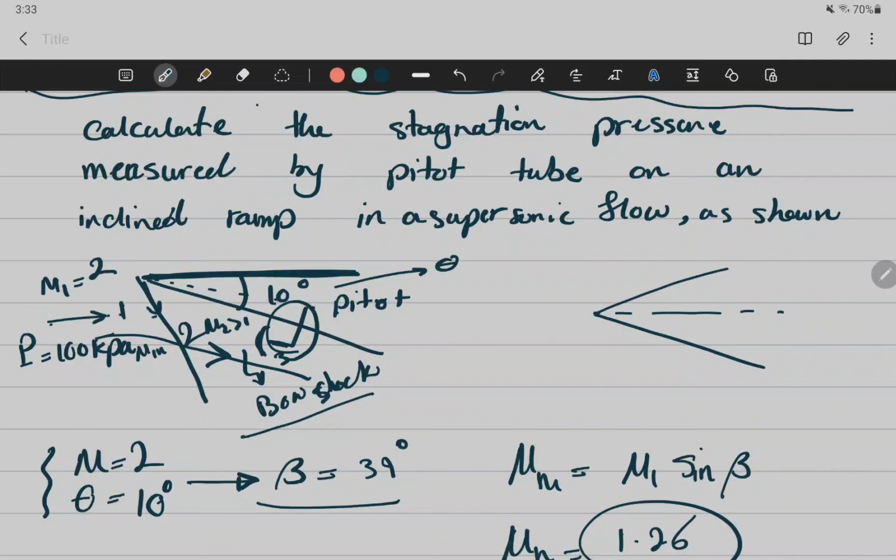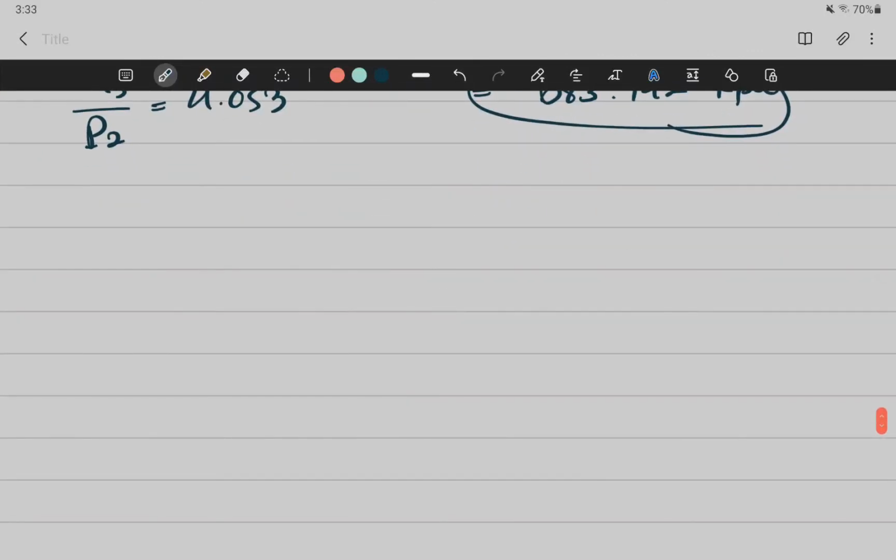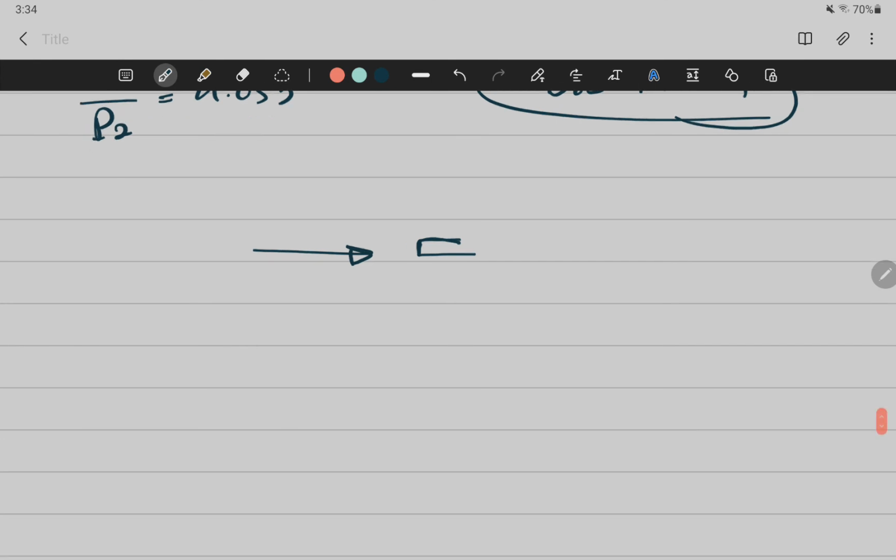How do we know we're able to treat that second shock wave as a normal shock? Whenever you have an object in front of an upcoming flow, not an object that can be tangential to the flow, where the flow can move around, but this is going to stop the flow in its track, right here.